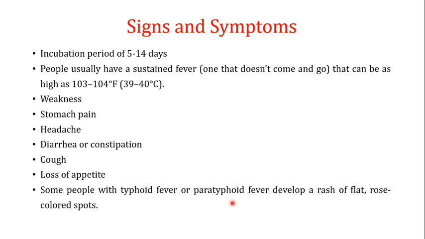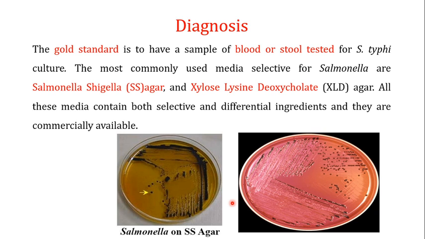If you talk about the diagnosis, the gold standard for the diagnosis of Salmonella typhi is blood or stool culture. The most common media used in stool or blood culture, one is known as the Salmonella Shigella agar. As you can see over here, the Salmonella is going to give you these black colonies that you can easily see, and this Salmonella Shigella agar is a selective as well as a differential media for the growth of Salmonella.